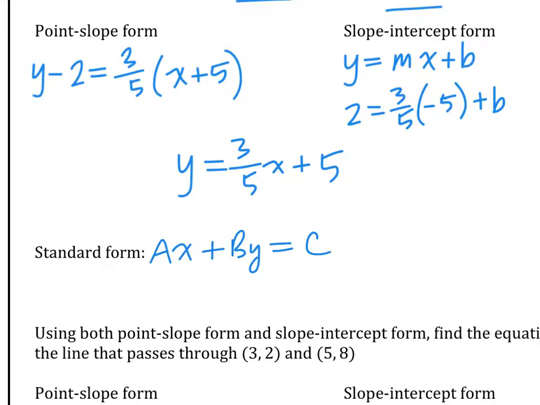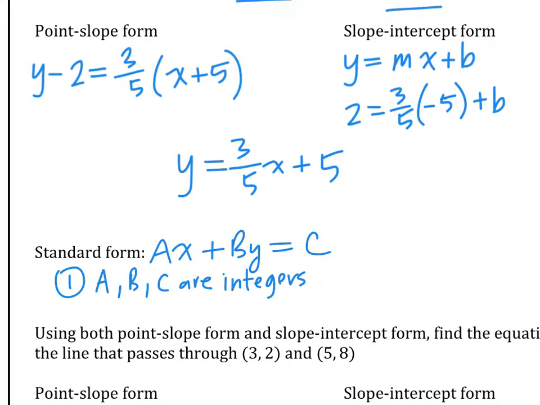So ax plus by equals c, and there are some specific things about this form that you have to remember. First, a, b, and c are integers. So if I get a 1/2 as a, is that okay?